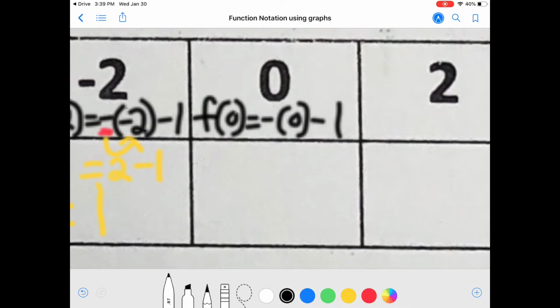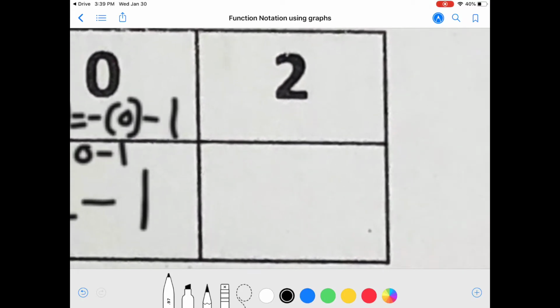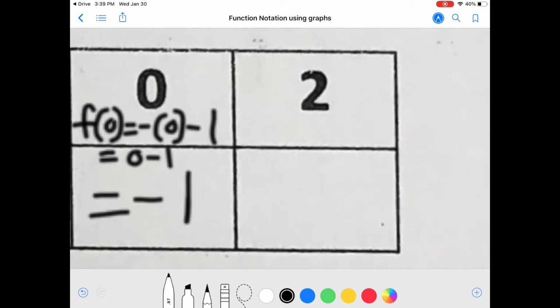Well, 0 cannot be positive or negative, so if you multiply it by a negative, it's still 0. So you get 0 minus 1. Well, 0 minus 1 gives you negative 1. And then the next one, you have f of 2, because you're plugging in 2 into your function machine.